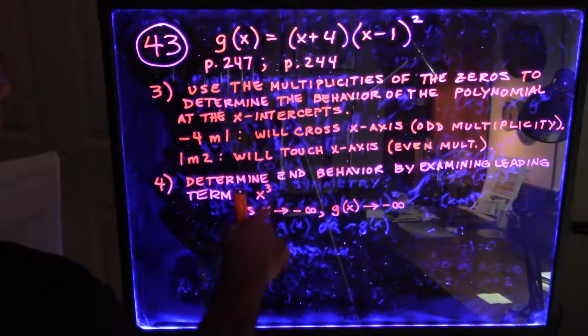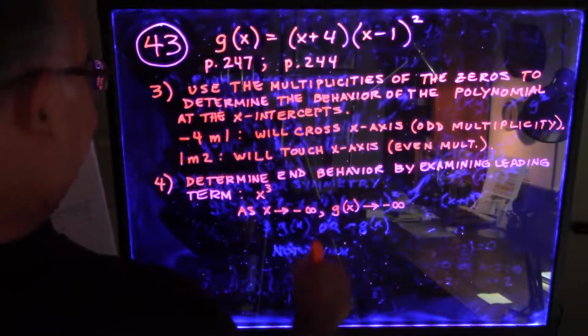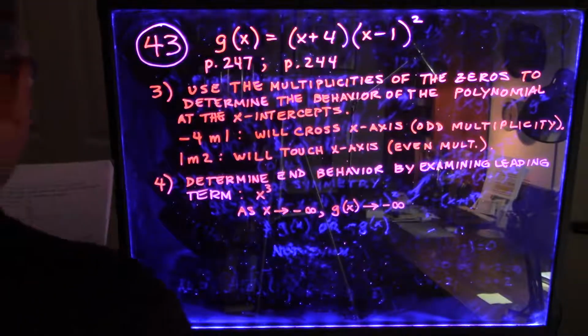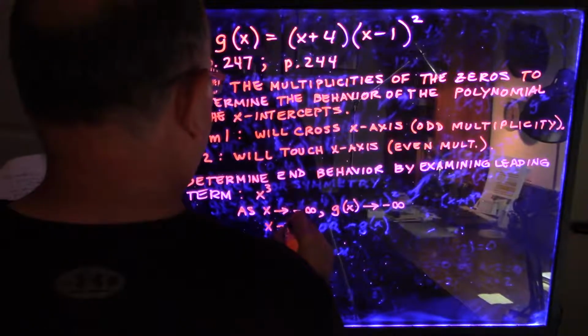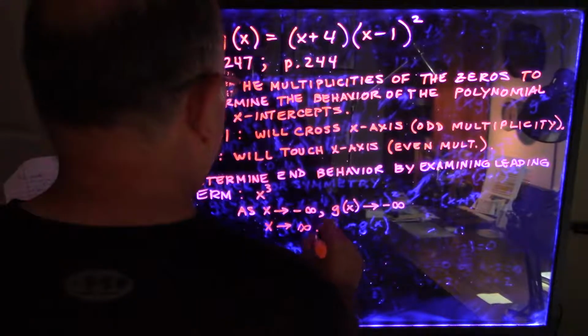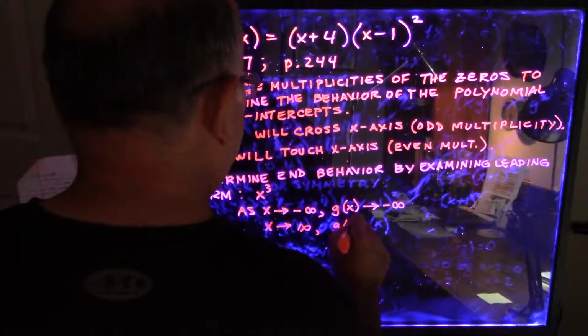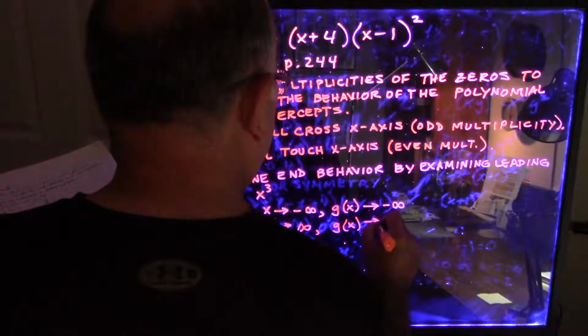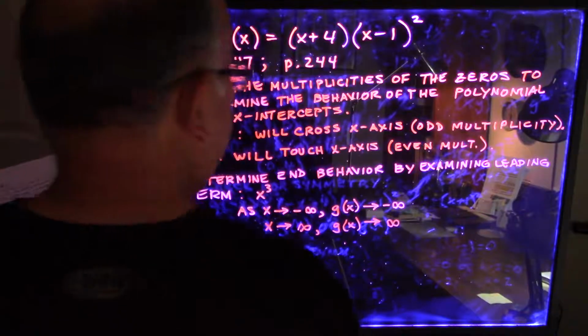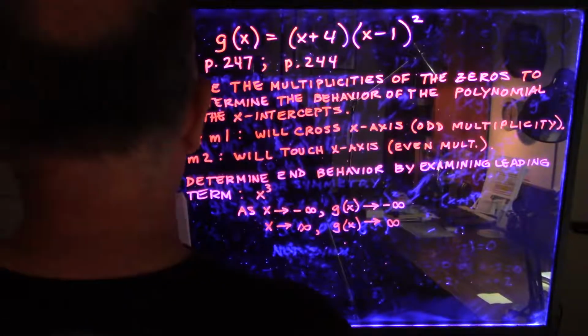This is still negative when you cube it, so the whole function is going to negative infinity. And as x goes to positive infinity, g of x goes to positive infinity. So there's our end behavior.